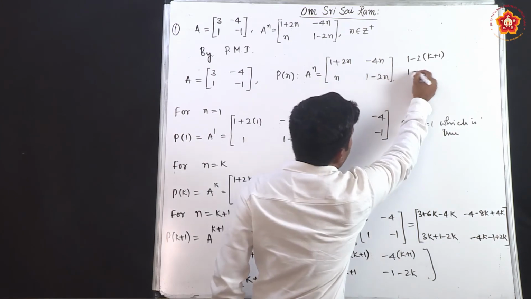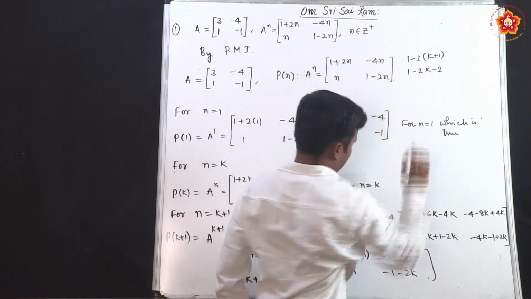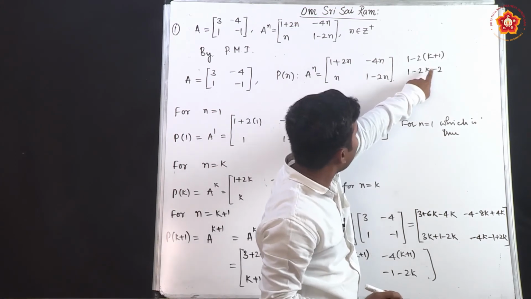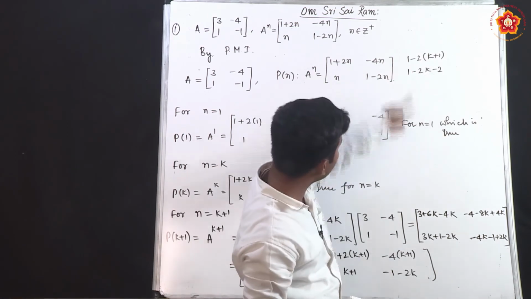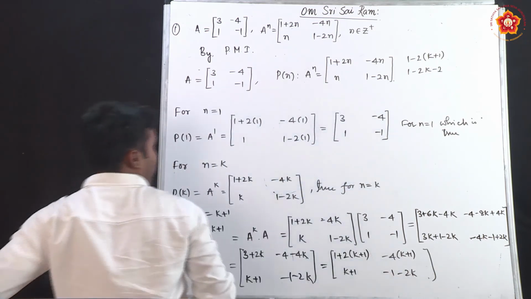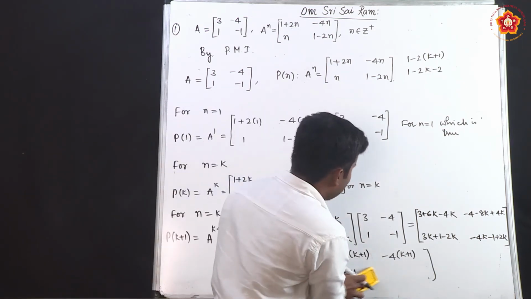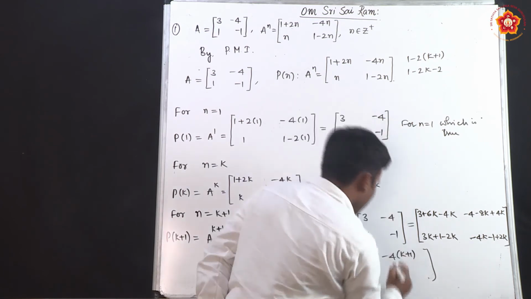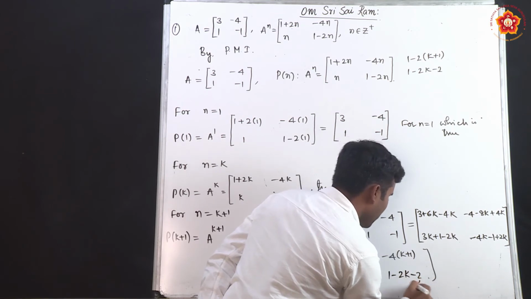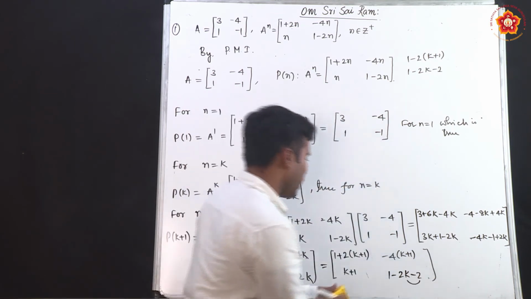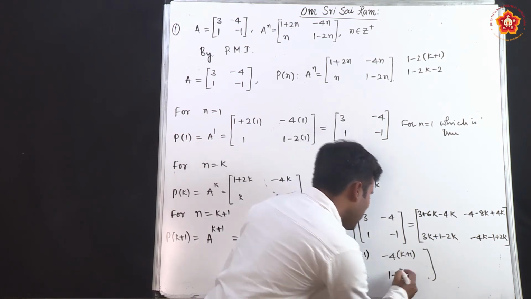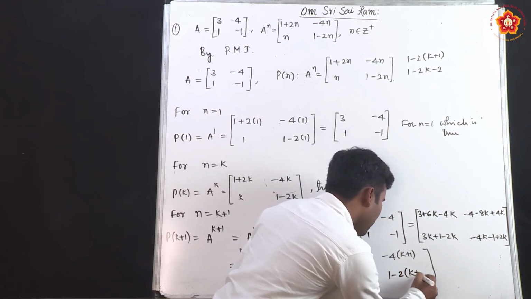See, in that form I am going to write it. 1 minus 2k minus 2, this can be written in that form. From these two terms I can take 2 as a common term, so that I will have 2 times k plus 1.